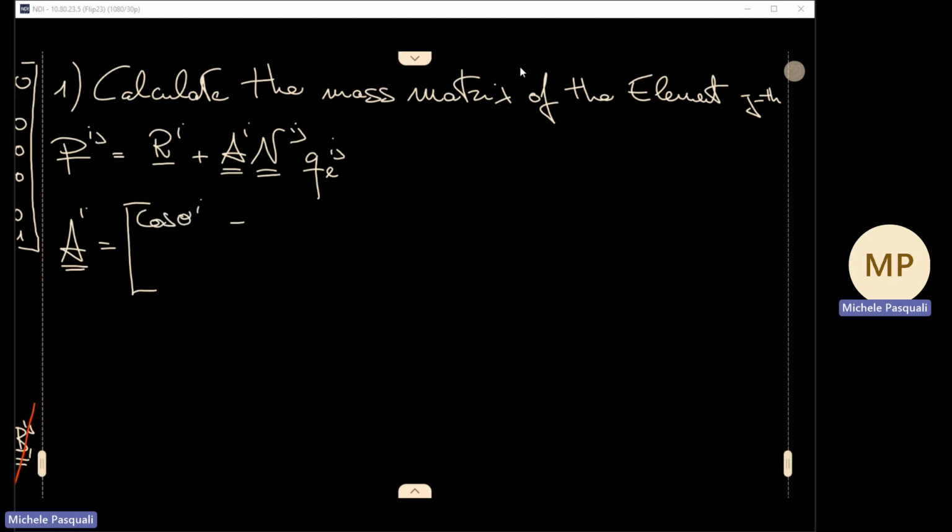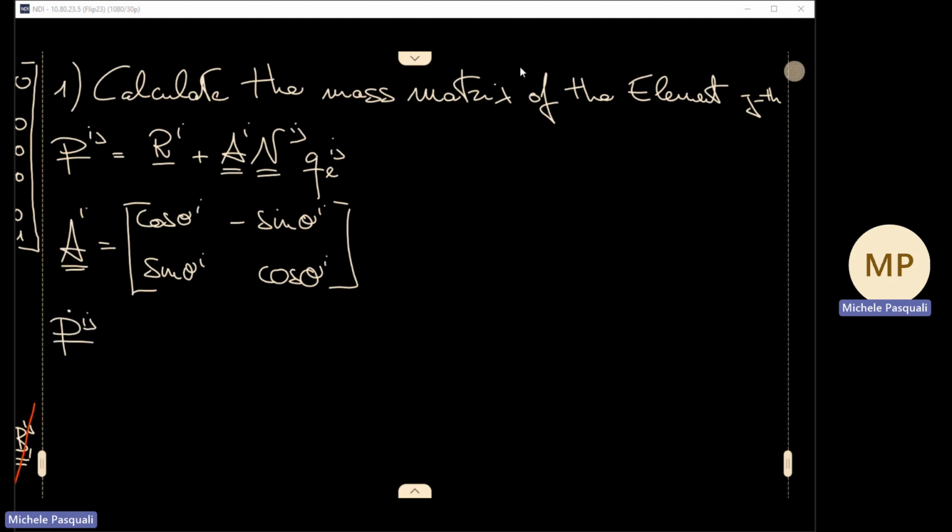Something that we should be well aware of. And this is the rigid rotation theta I, which only has the I superscript because it is referred to the overall body I.